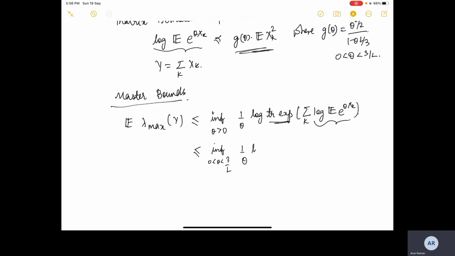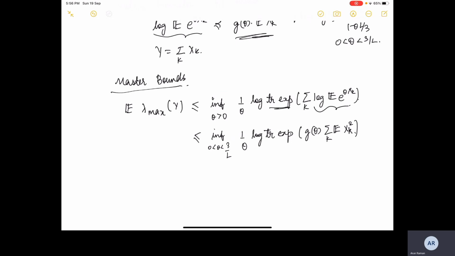So we will have log trace exponential g theta sum over k expected value of Xk square. This step is the same as we did for the Chernoff bounds. So we can write it in a more compact manner.